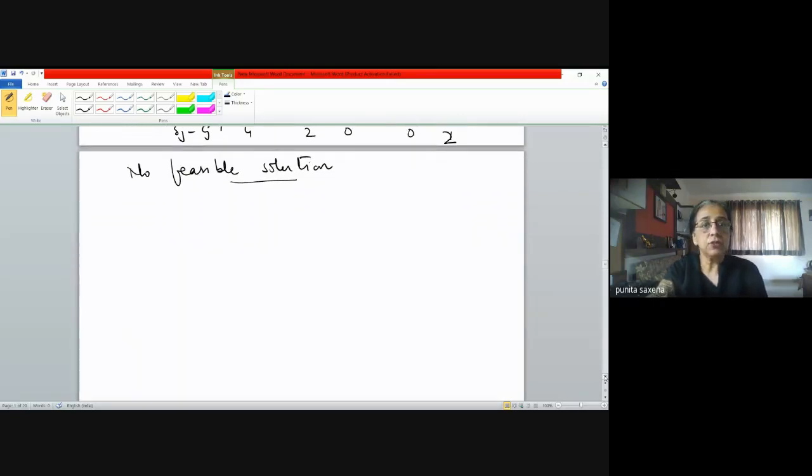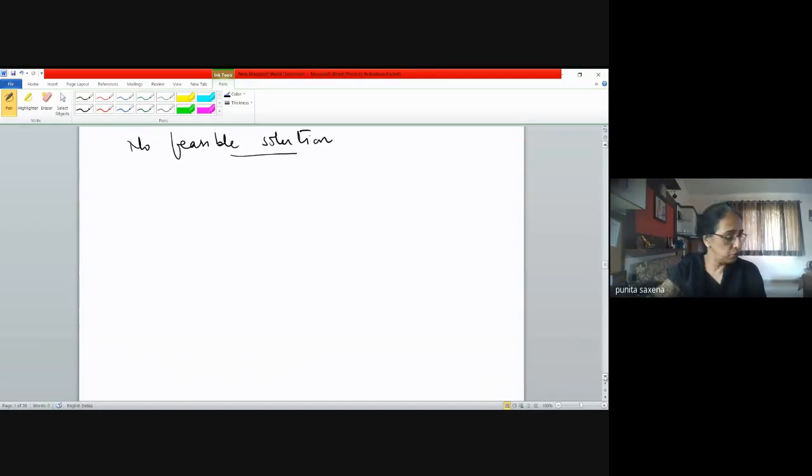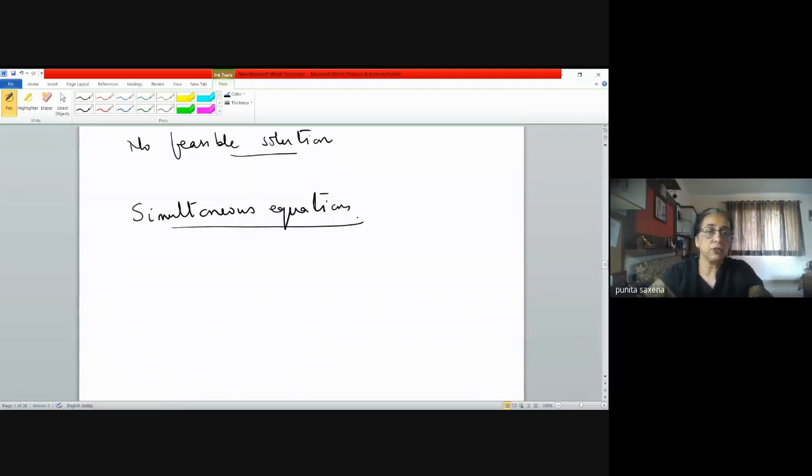But as I said, this method can also be used to solve a system of linear equations or even to find the inverse of matrices. So why was such an idea required? Supposing I have a system of simultaneous equations, let's consider this system. I'm taking a smaller one because we are doing it manually.